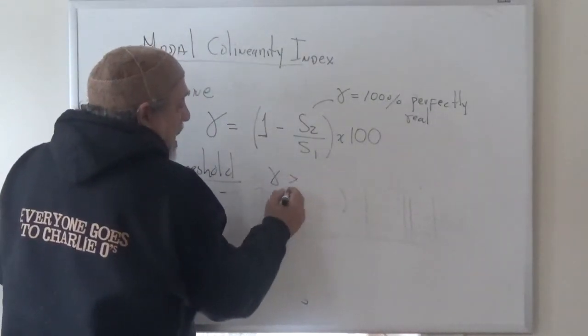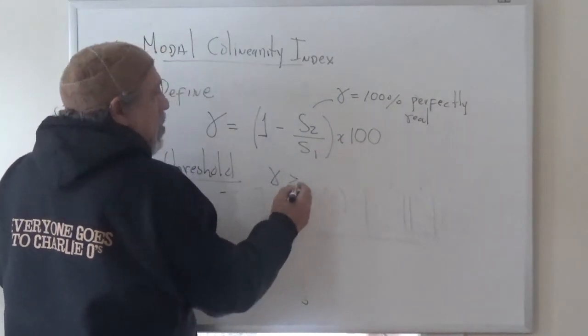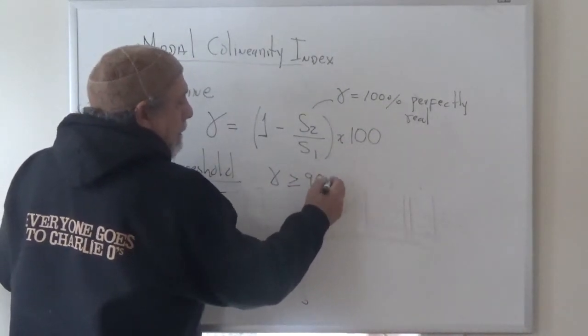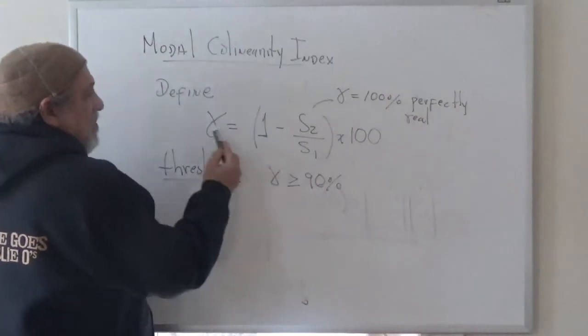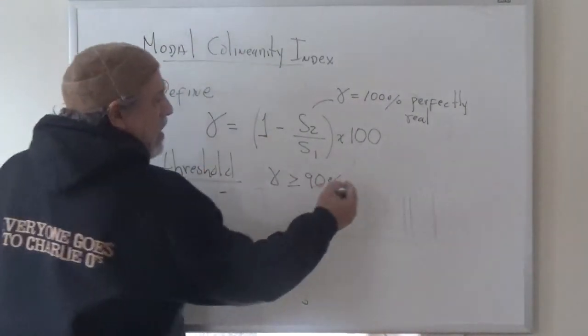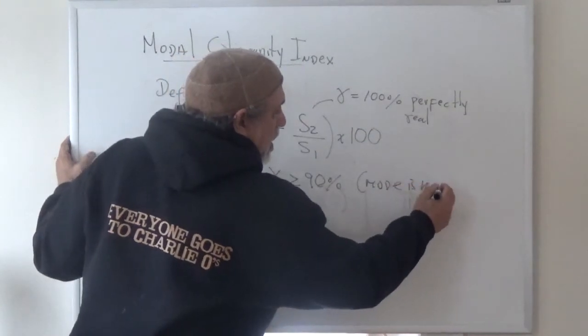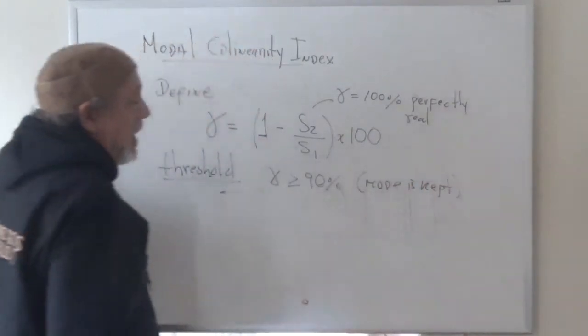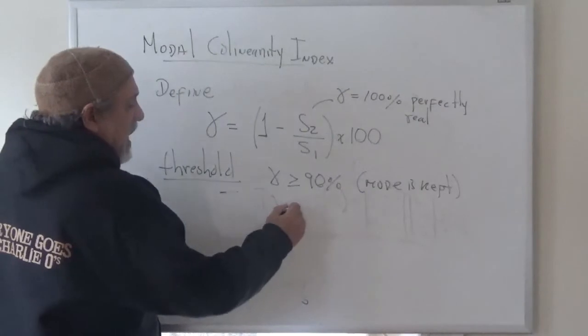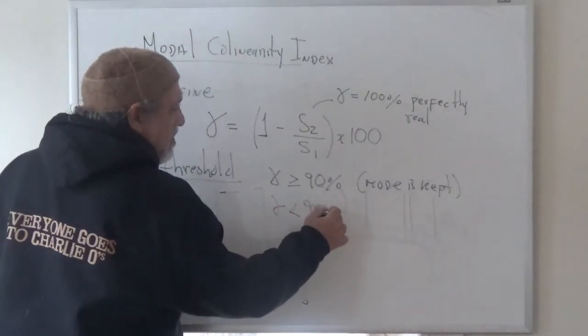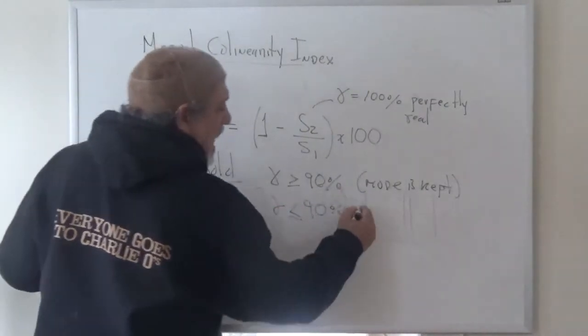For example, I expect this to be greater or equal to 90. So if this is more than 90%, the mode is kept.